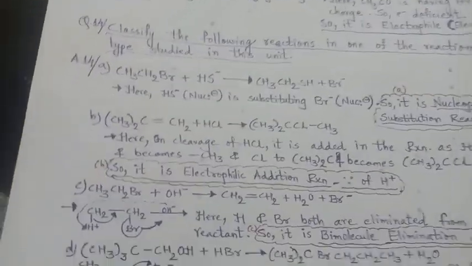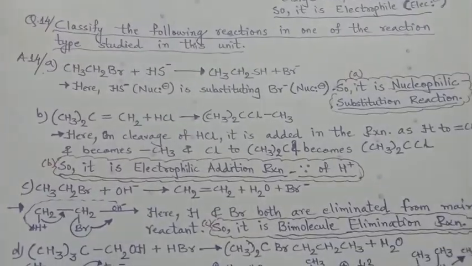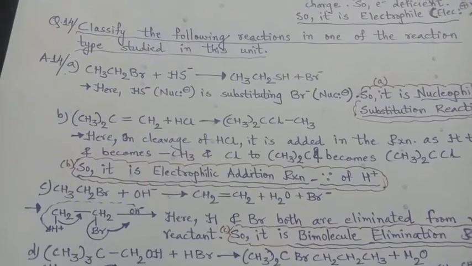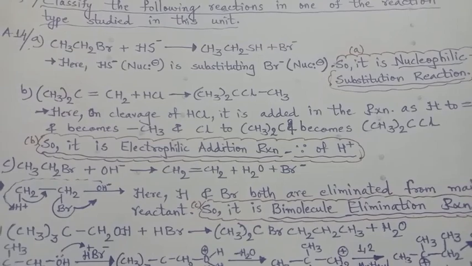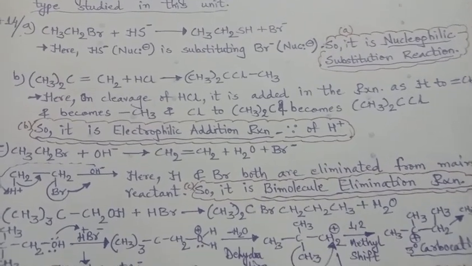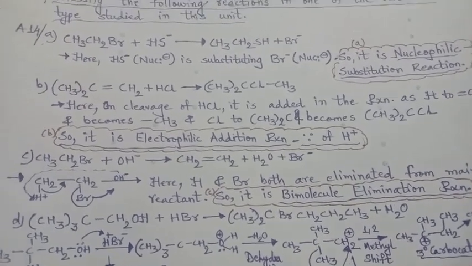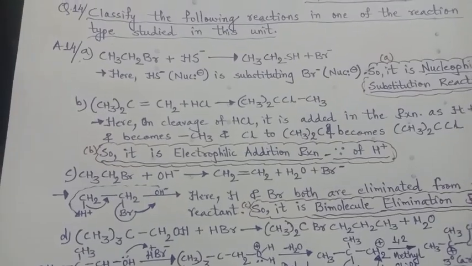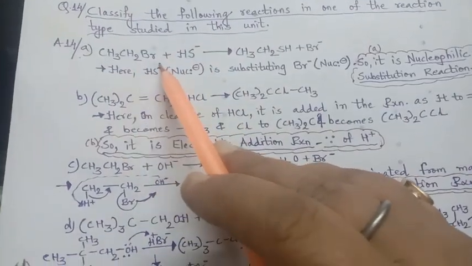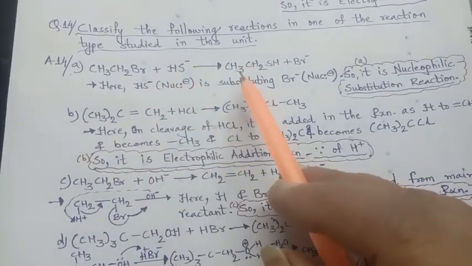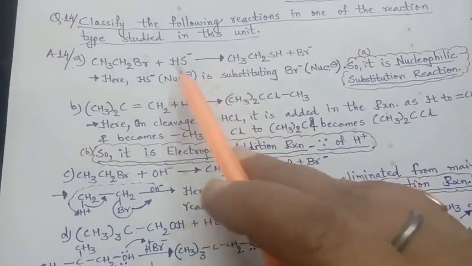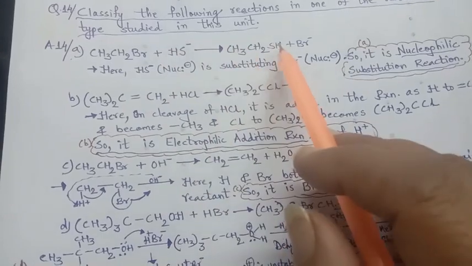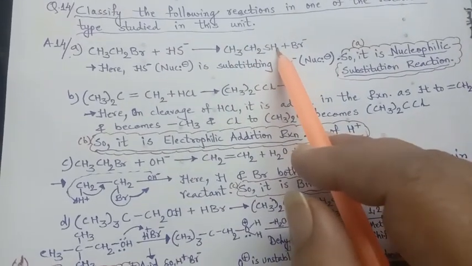The next question is: classify the following reaction into one of the reaction types which we have studied in this unit. We have studied substitution reaction, addition reaction, right? Elimination reaction, if you have remembered. So what is here? CH3CH2Br plus HS minus gives CH3CH2SH plus Br minus. You can see here Br is substituted by SH, right?